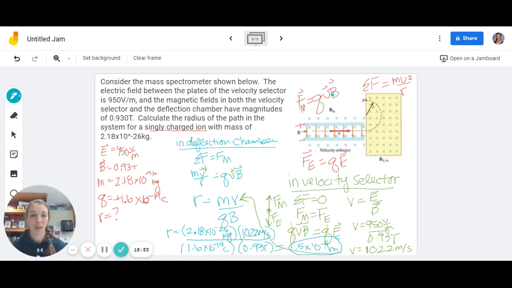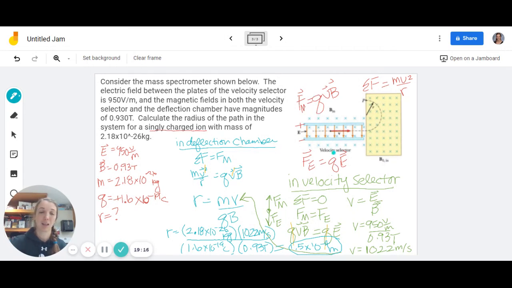So just a recap on this. In this part, the particles are separated by speed because the magnetic force is dependent on the speed. The charge cancels out because you want your forces to be equal here.